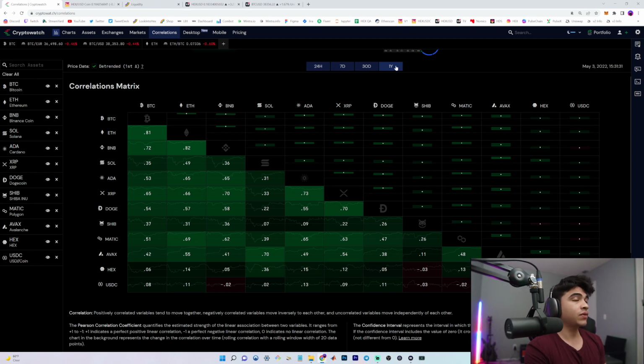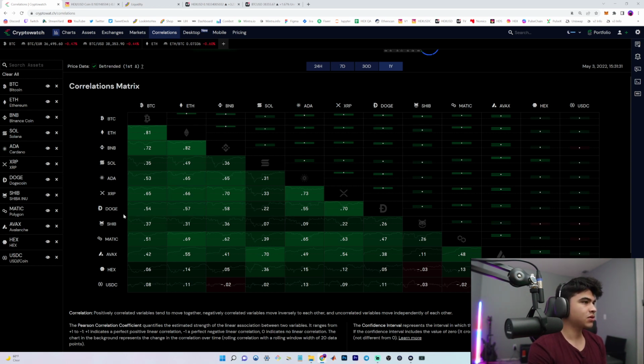If you look on a yearly, this is the yearly correlations matrix. You can see ETH, 81% correlated to BTC. You see these huge numbers, even illustrated by these bright green colors, like 81%, 72, 82, these high percentage correlation values, above 30, 40, 50, 60%, right?